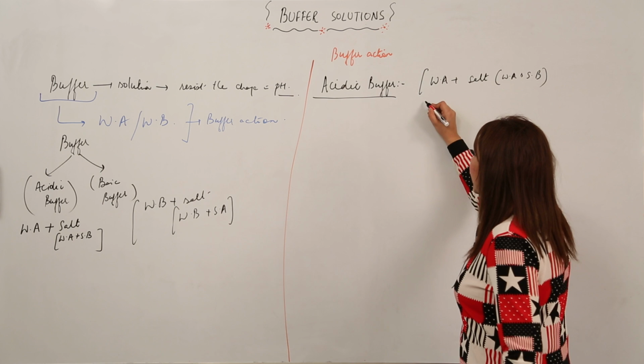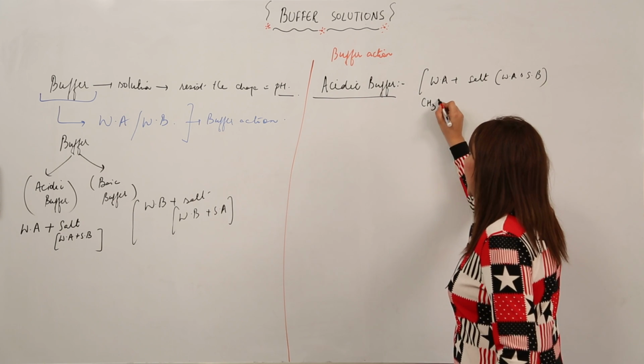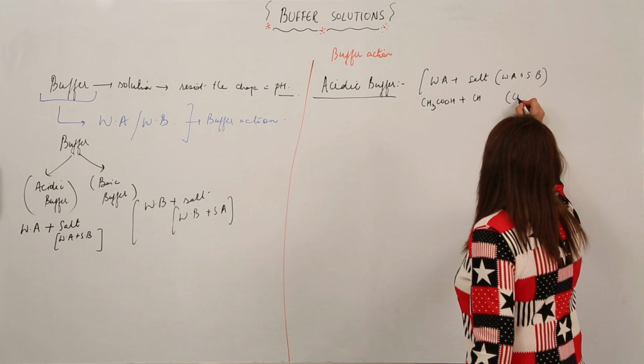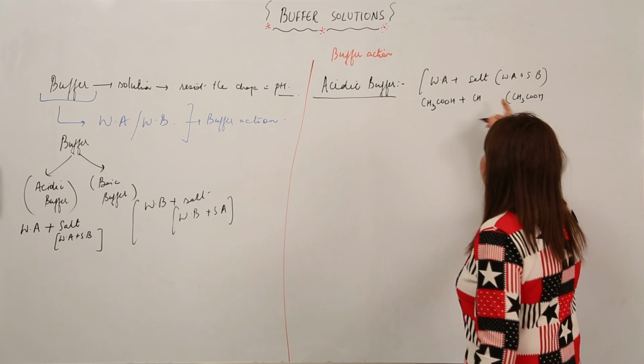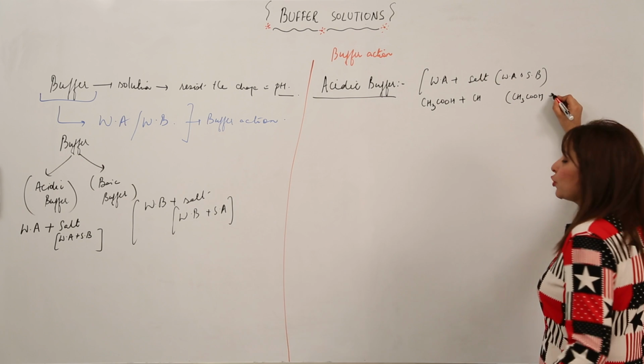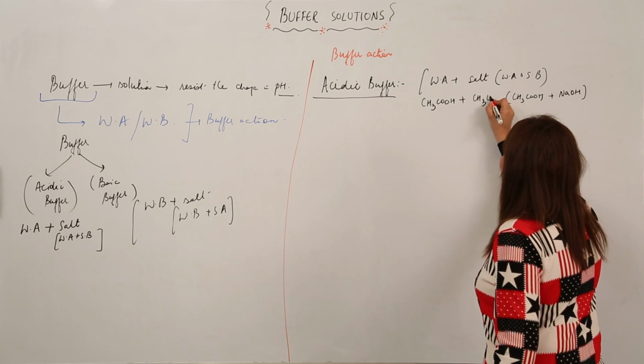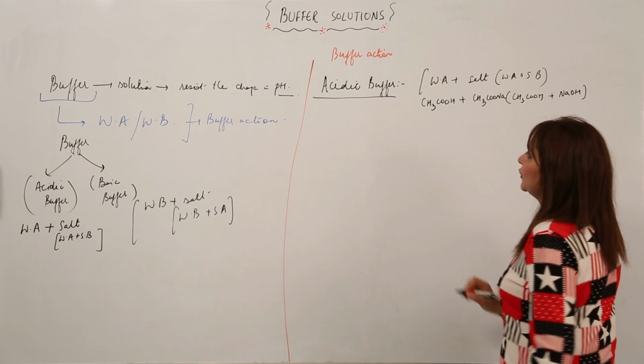The weak acid I am taking as an example is acetic acid, and I am taking a salt formed by the combination of the same weak acid, acetic acid, and a strong base, let us take sodium hydroxide. They result in the formation of the salt, sodium acetate, right?